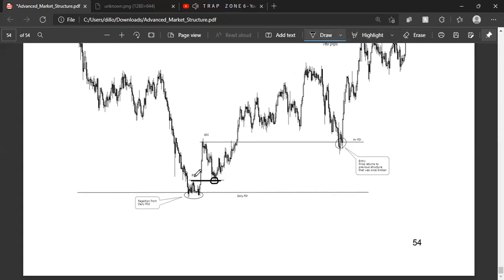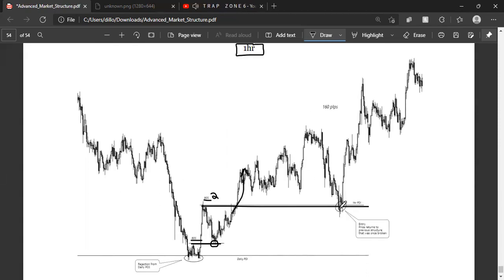We broke structure to the upside twice, and this structure never came back. It never got tested. And it could still be a point of interest that you watch in the future, right?